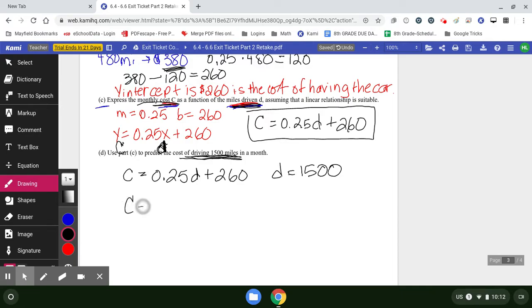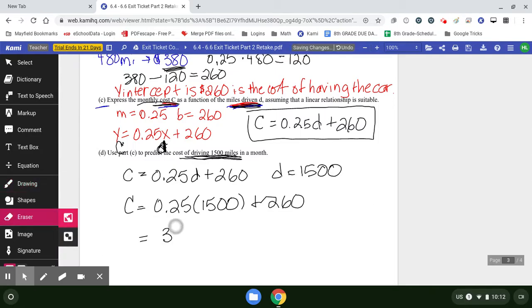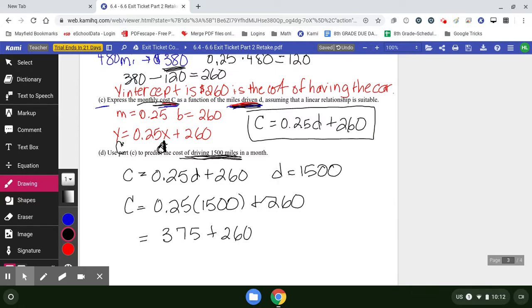That's pretty easy to figure out because I just have to substitute it in. 25 cents times 1,500 is 375. 375 plus 260 comes out to be $635. So that would be the cost for driving 1,500 miles.